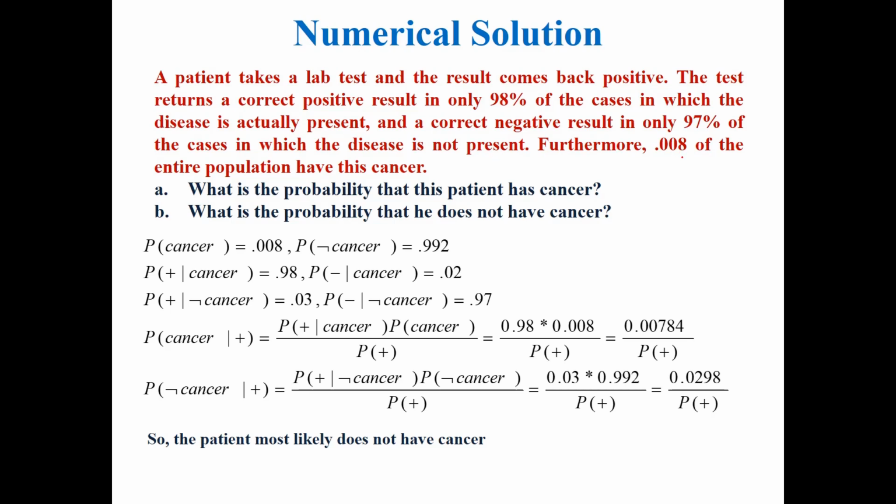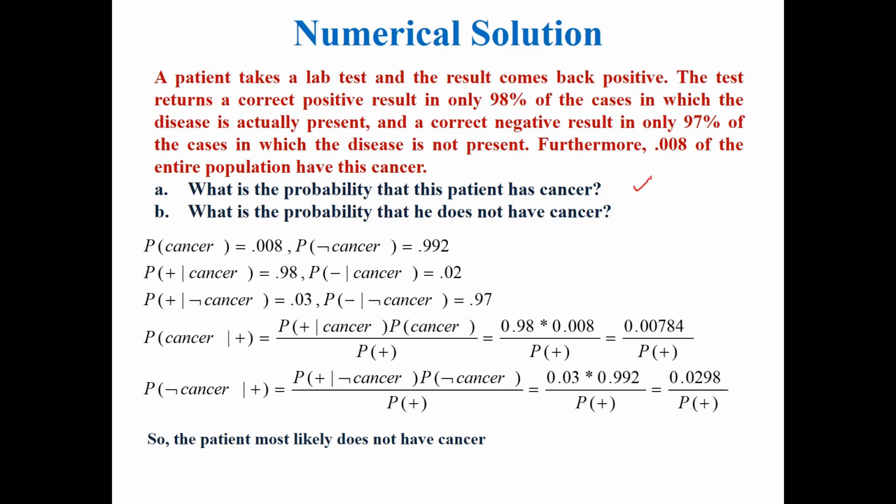Furthermore, 0.008 of the entire population has the cancer. The lab test is about the cancer. So we have to find the probability that this patient has cancer, and the probability that the patient does not have cancer.